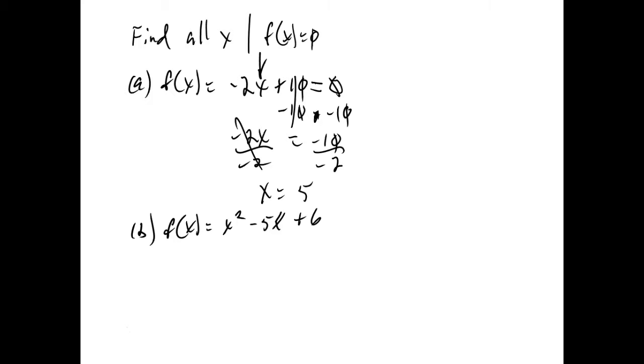So what would be the first thing we do? Set it equal to 0. Sounds like a capital idea, okay? Now, how do you go about solving, and what kind of equation is this? The maximum exponent is 2. We have a name for that kind.